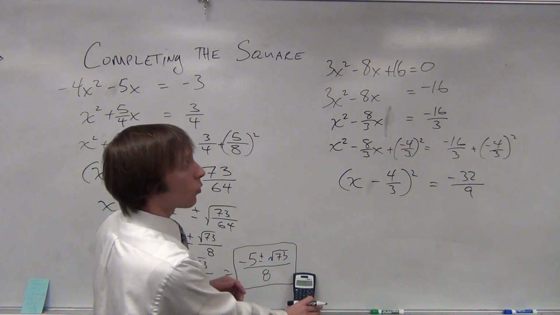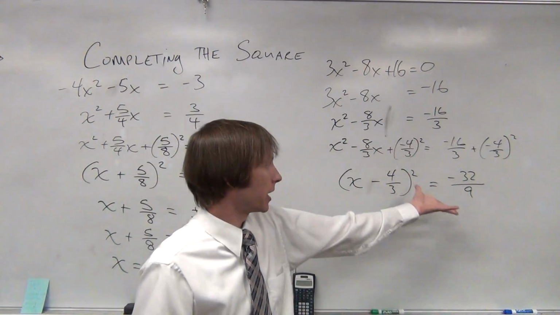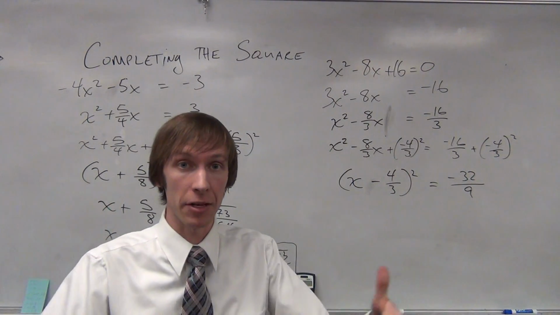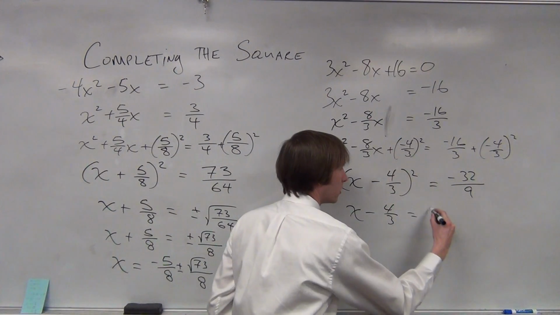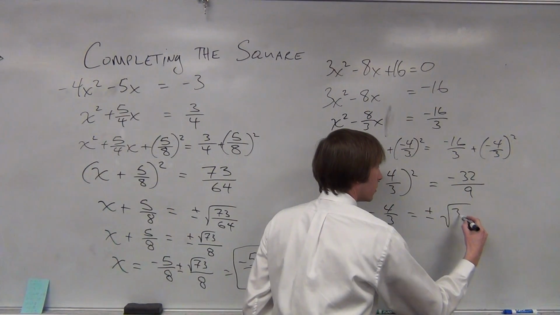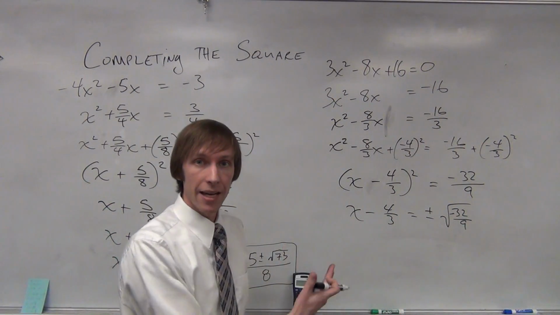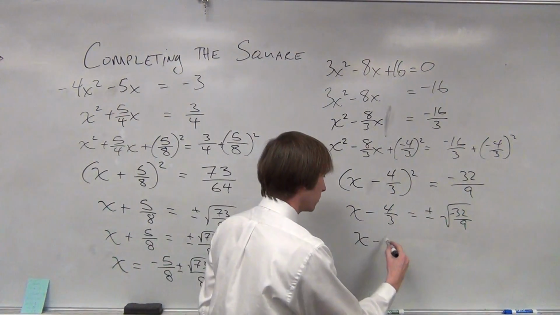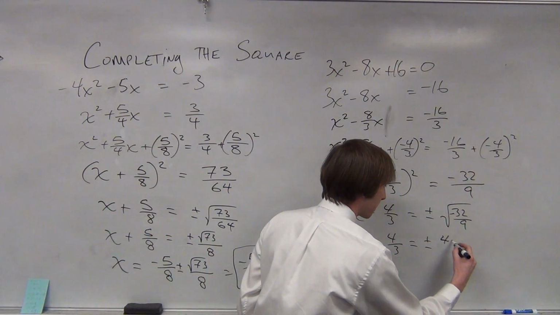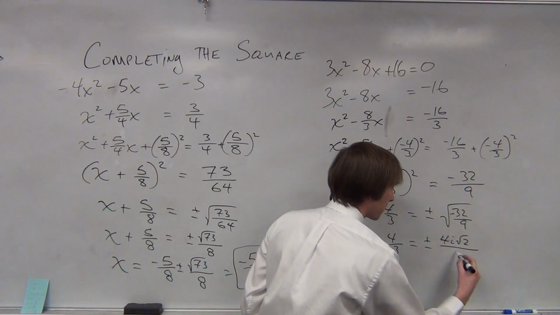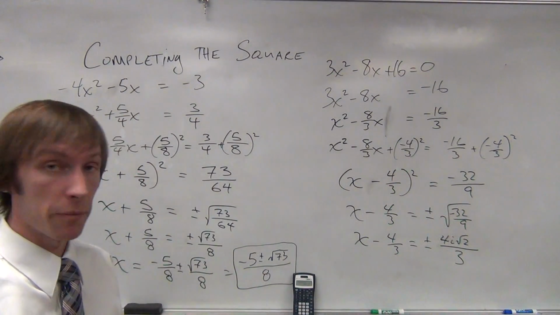All right, now when we take our square root, you can tell already that we've got a negative fraction here. So when I take the square root, I'm going to have an imaginary component. The square root of negative 32 over 9 is going to simplify to be 4i radical 2 divided by 3.